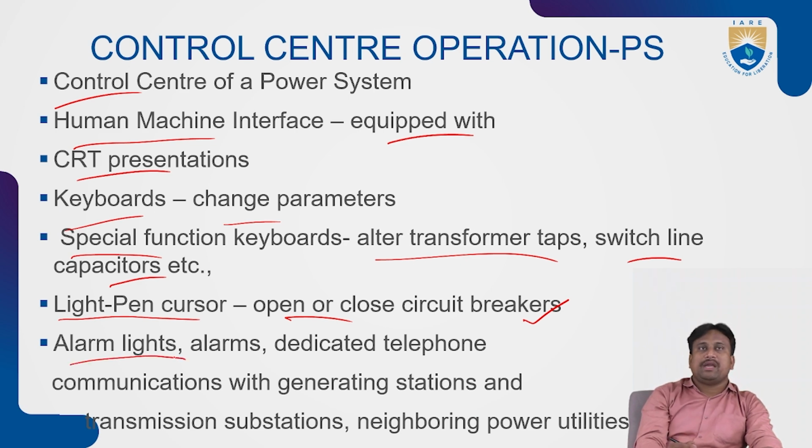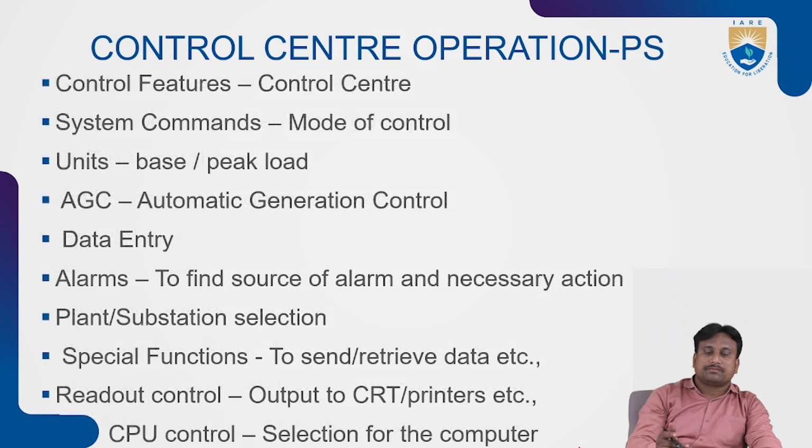The alarm lights and alarms display different sizes and different sounds, and there are dedicated telephonic communications with the generating stations, the transmission substations, and neighboring power utilities. All these cumulatively work for the suitable operation of the power system network.